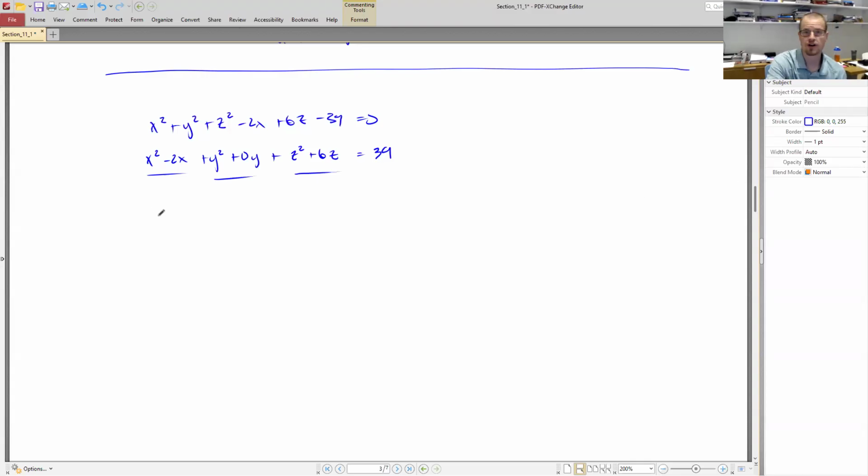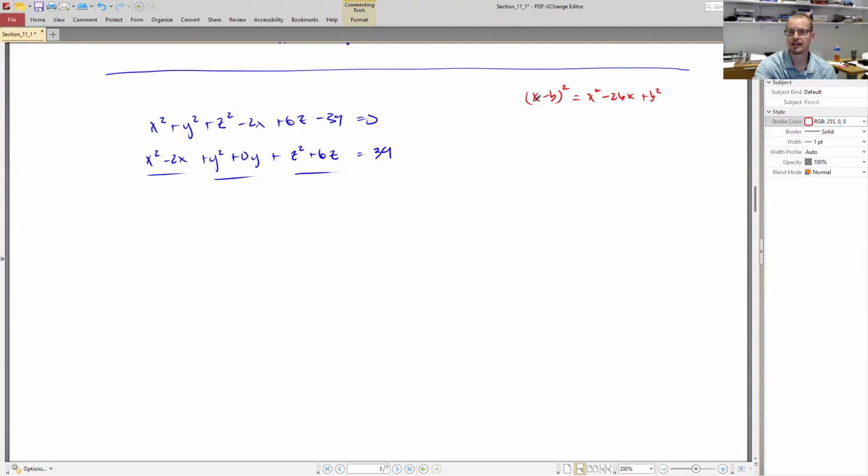If I want to complete the square, I need to add a term. And what do I mean by complete the square? Well, just as a quick reminder, if I have, let's call it x minus b squared, this is what I would like to have. I'd like to have x minus something, y minus something, z minus something. I should know that this expands as x squared minus 2bx plus b squared.